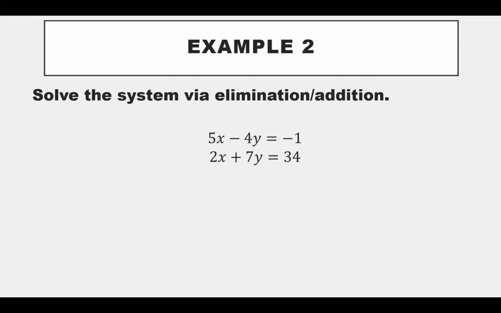Let's say we have this system of two linear equations with two variables: 5x minus 4y is equal to -1, and 2x plus 7y is equal to 34. Let's go ahead and solve this using the elimination or the addition method.